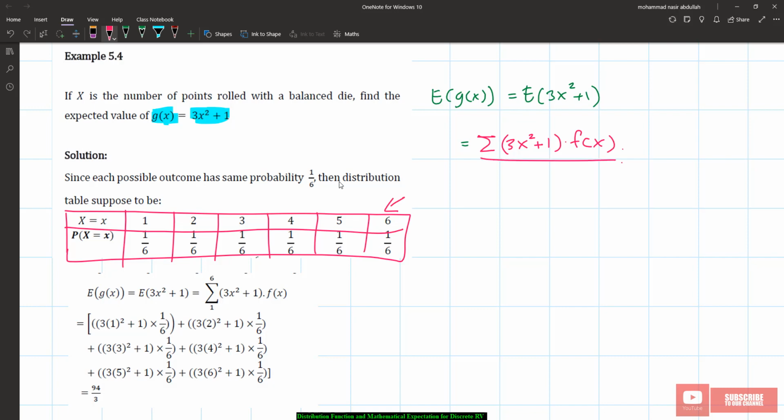Seems complicated, right? How you calculate the expected value is complicated. So this is the answer. You just plug in the value: when x equal to 1, 3 multiplied with 1 squared plus 1, multiplied by 1 over 6. When x equal to 2, 3 multiplied with 2 to the power of 2 plus 1, multiplied by 1 over 6, until x equal to 6: 3 multiplied with 6 to the power of 2 plus 1, multiplied by 1 over 6.